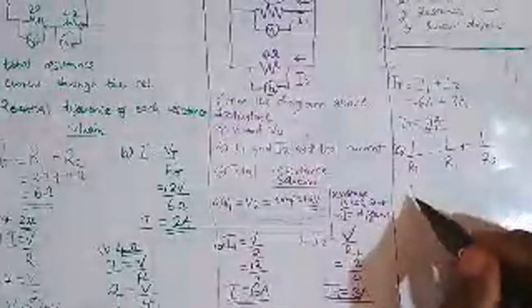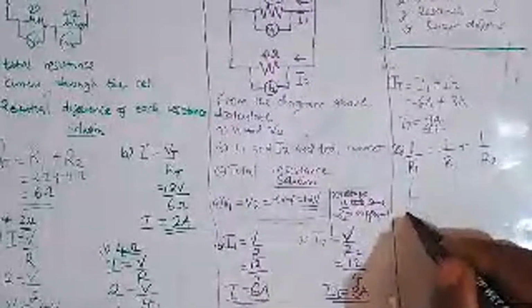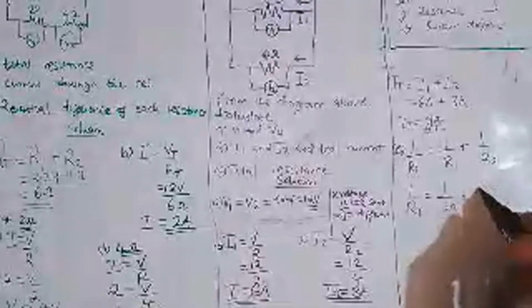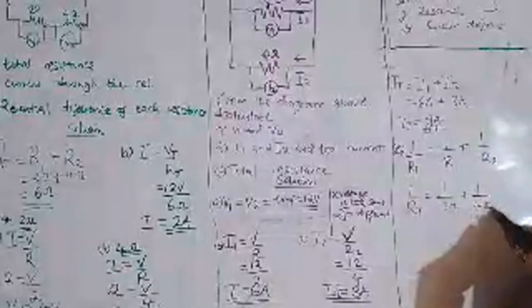So now, how can you calculate it? We are saying we have 1 over the total resistance. What is our resistance 1? Our resistance 1, which we had, is 2 ohms. Plus, what is our resistance 2? We had 4 ohms.